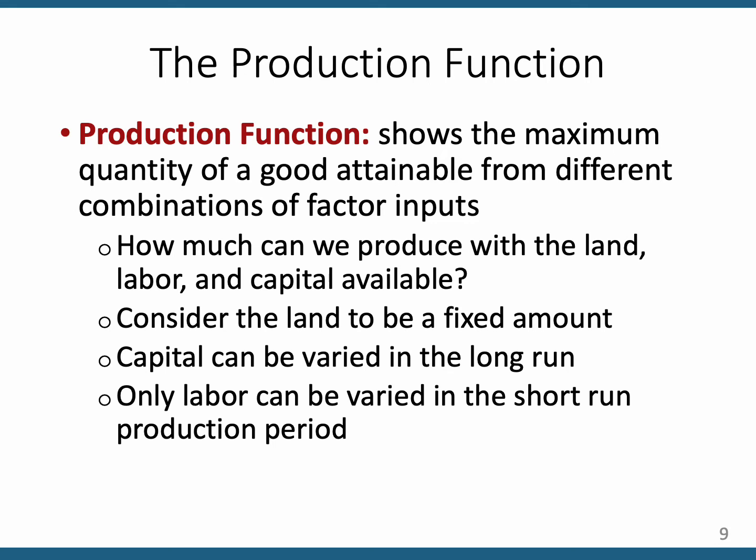It shows how the total amount produced by the business firm, or by a department within the business firm, varies depending on the number of labor inputs, the number of workers that are working. We're also going to make the distinction between the short run and the long run.